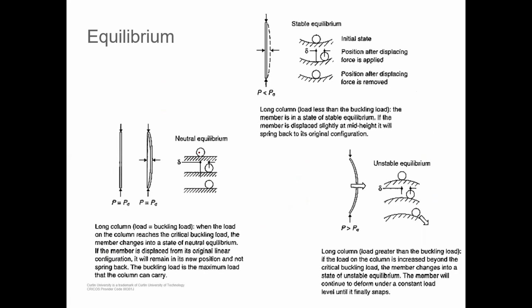Can you see this diagram? This is a flat surface, and there is a ball. When you apply some small force, the ball will roll and become stable in another position. So this is kind of elastic buckling, and this is stable equilibrium.